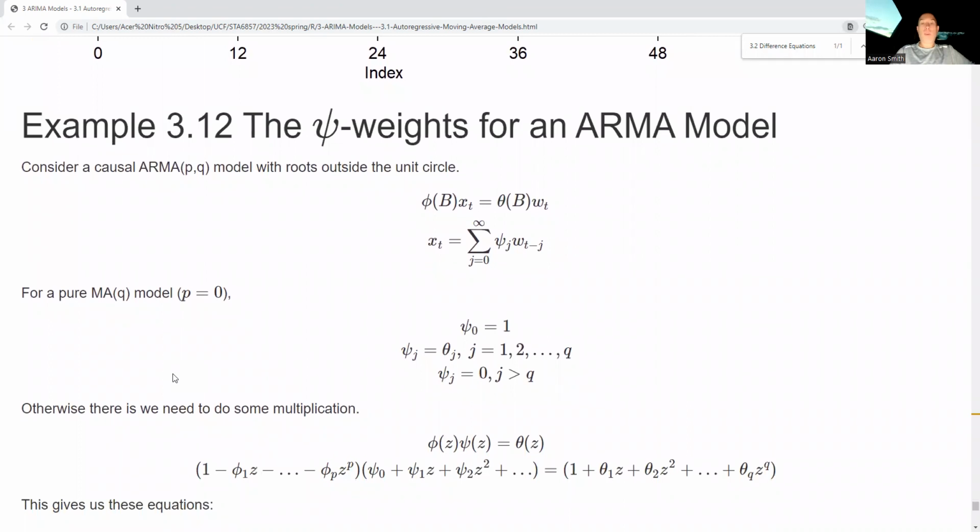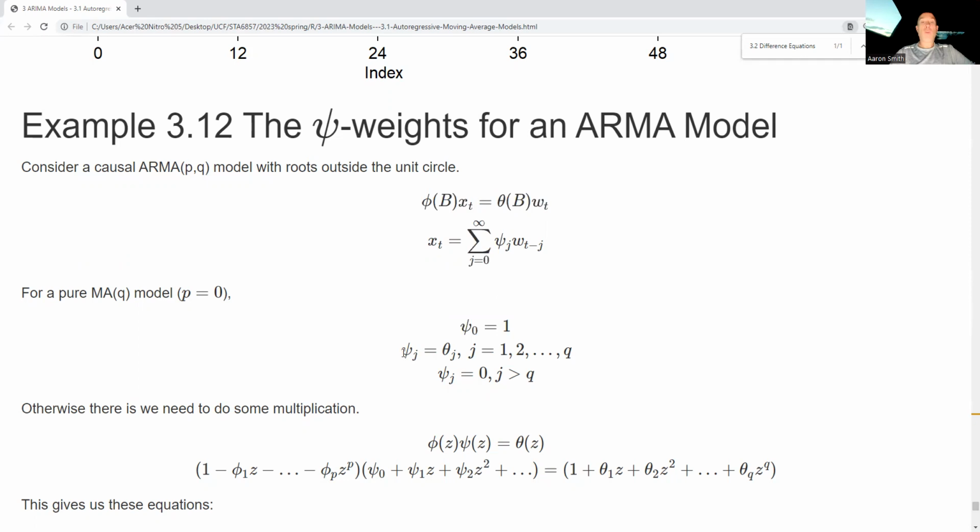All right, so now let's go ahead and think about how we would compute those weights for an ARMA model. I want to be able to take the autoregressive portion of an ARMA model, and because it's causal, I want to write the time series in terms of the white noise. Well, if I sit down and work it out, I can see if I have this equation here, autoregressive on the left, moving average on the right, what I'm going to do is set psi sub 0 equal to 1, because both sides will have a 1 in their associated polynomials.